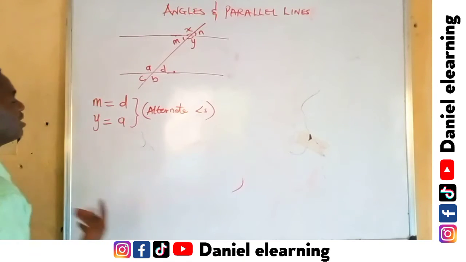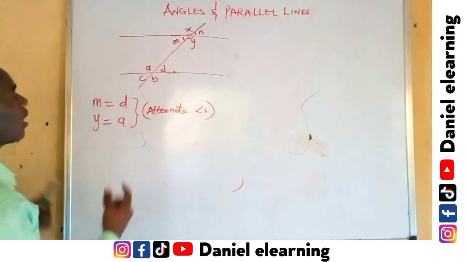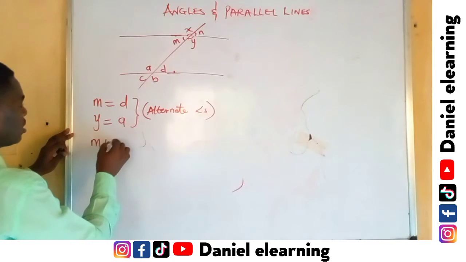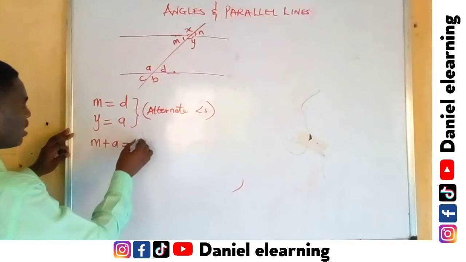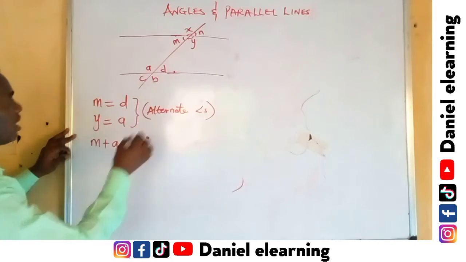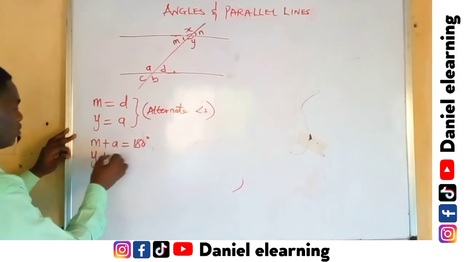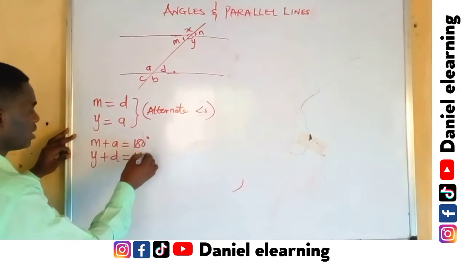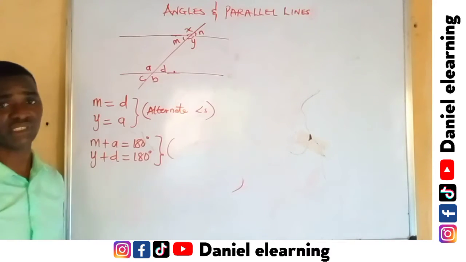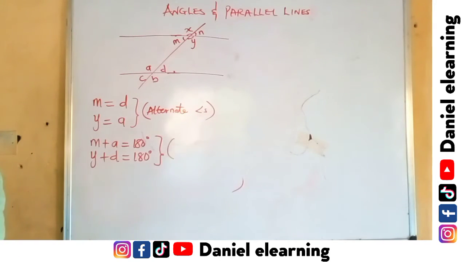That's what that is. Next type of angle we bring up from here, I will say N plus A is equal to 180 degrees. And another type is Y plus D is equal to 180 degrees. My reason for this is sum of two interior angles.